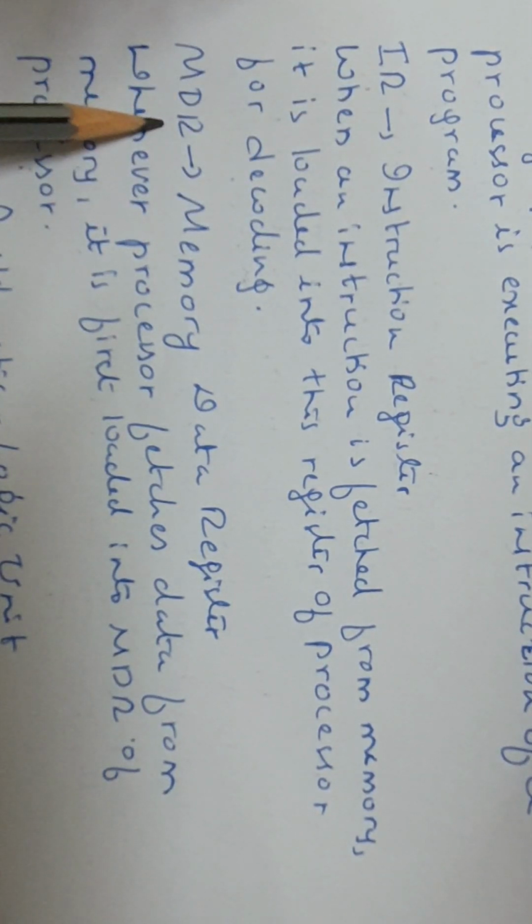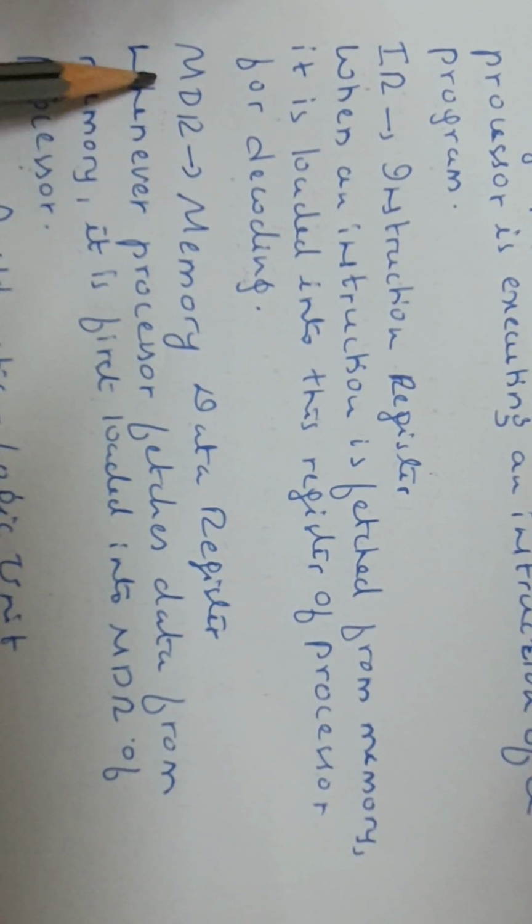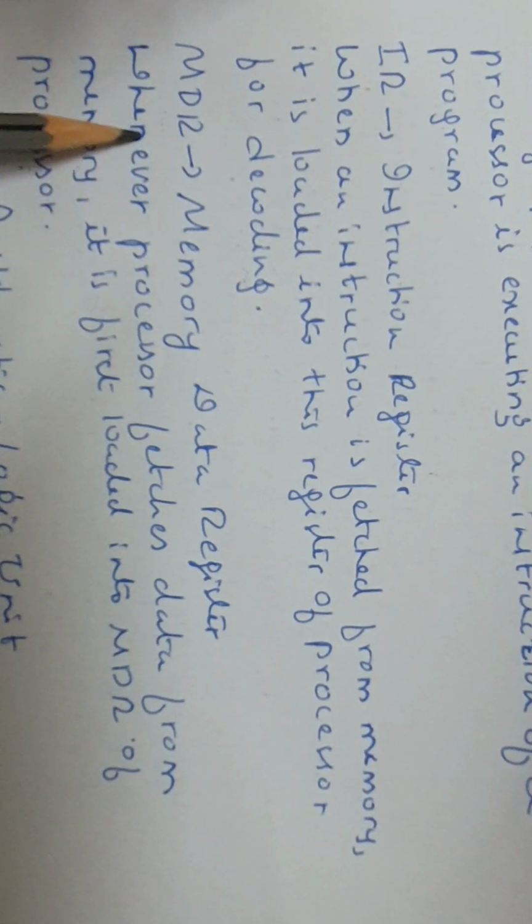When the processor fetches data from memory, that is loaded into MDR, memory data register, another special register. Then from there it is taken to ALU, arithmetic logic unit, for processing.